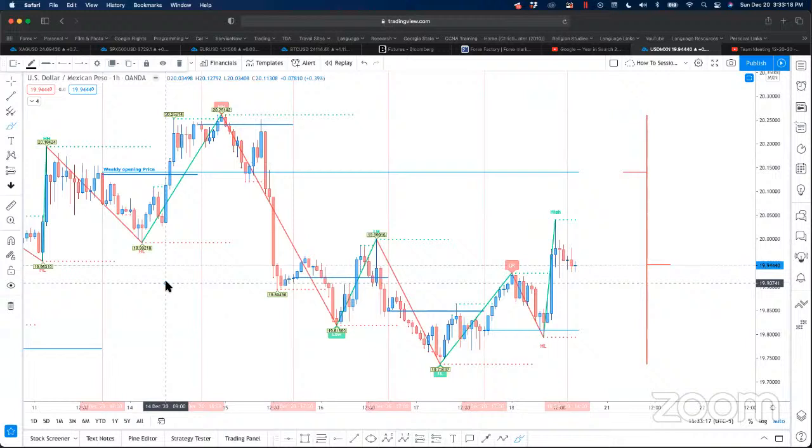And now, once we're ready to start getting into our trades, right, we could take this same approach and apply this to our daily as well. And this will help us get into our day trades, right? And understand what direction we should be trading in throughout the day, right?